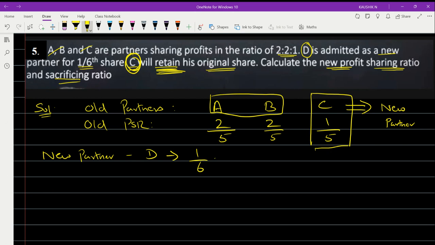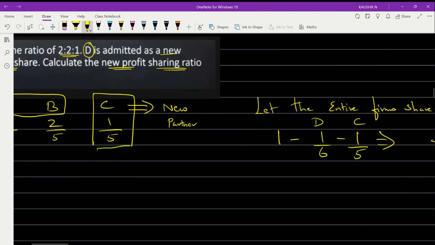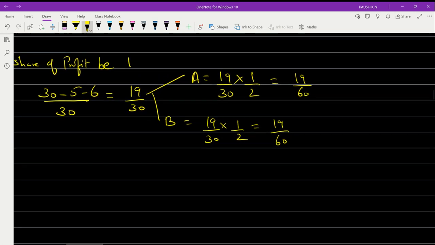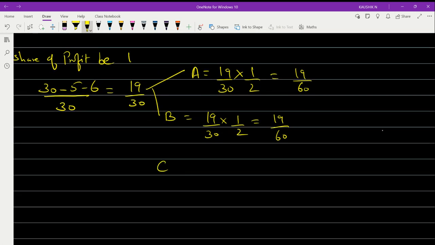Okay, how about Adarsh? Are you able to understand, Gana? Okay, fine. So accordingly, you got 19 by 60 and 19 by 60. This is for partner A and partner B. Now partner C and D, we know what the share is. For partner C, the old ratio is going to exist, that is 1 by 5.